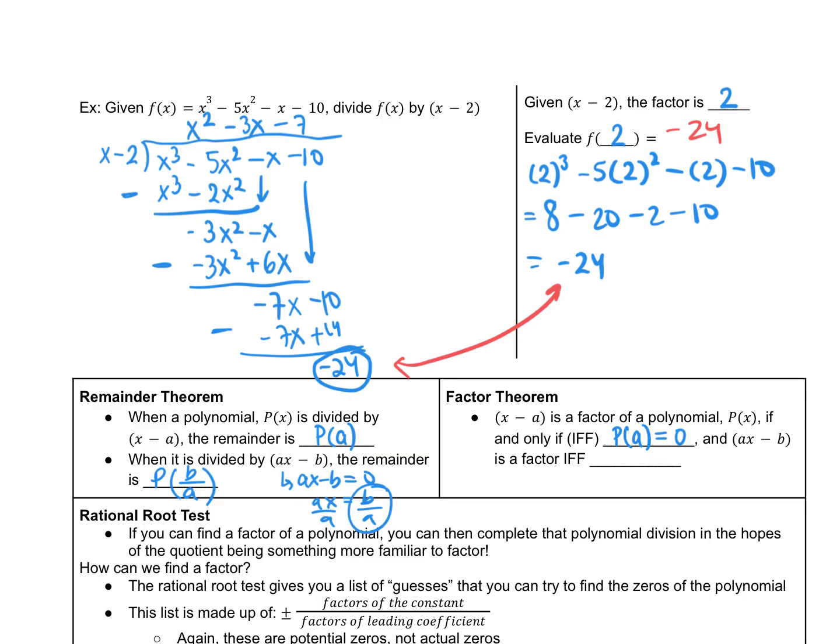The remainder is 0. And if I divide it by ax minus b, that ax minus b is a factor if and only if p at b over a is 0. So we want the remainder to equal 0. That will make it factored.